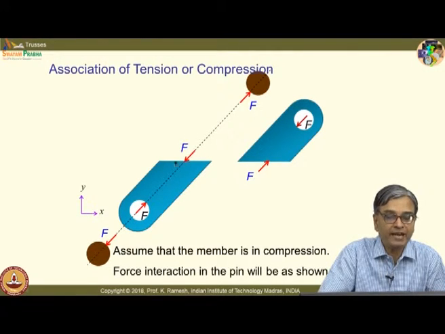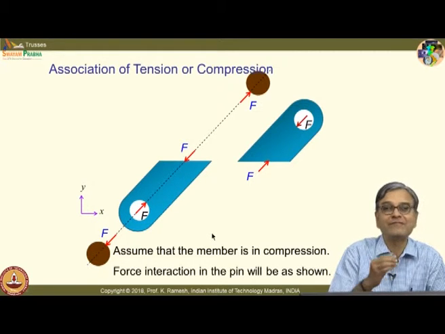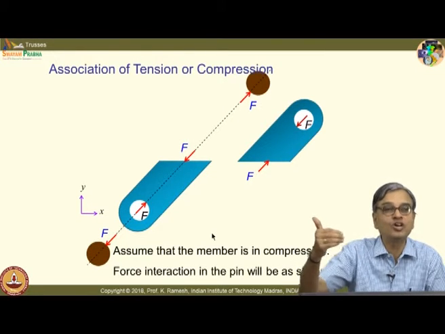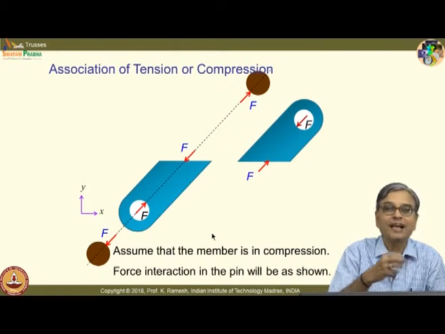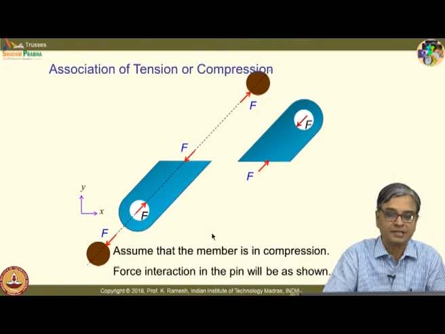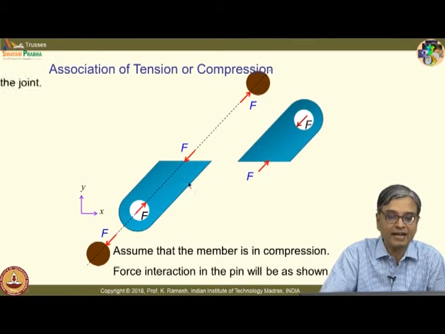And what we find is the direction of the force is towards the joint. So, when I use a pin for my reference, in this case there is no confusion. You see where the interaction takes place, you have the force. When it is towards the joint, it ultimately produces compression in the member. Same is the case when I cut the member.